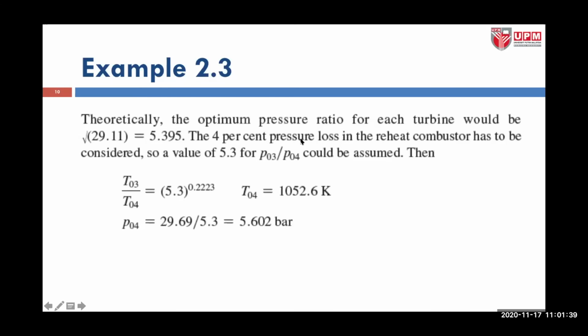So the 4% pressure loss in the reheat combustor has to be considered, so a value of 5.3 for the pressure ratio of PO3 over PO4 could be assumed. Then you will get the temperature ratio of TO3 over TO4, and you will get TO4 to be 1052.6 Kelvin, and the pressure PO4 to be 5.602 bar.